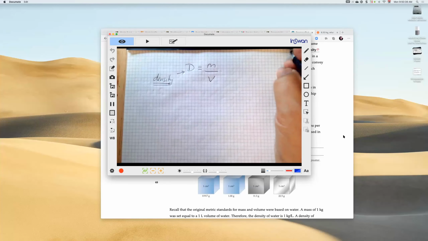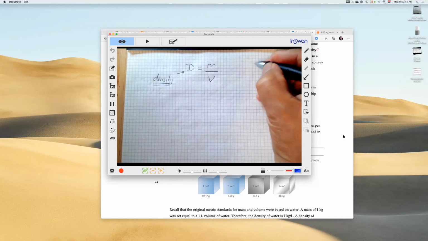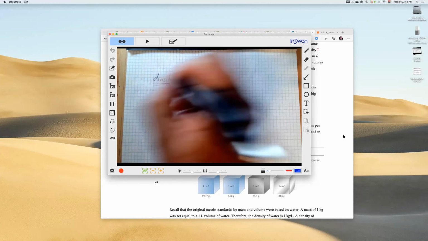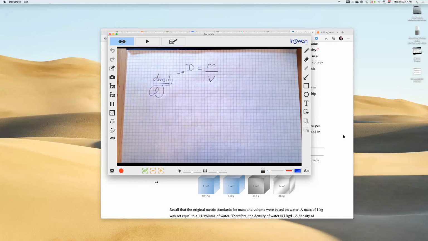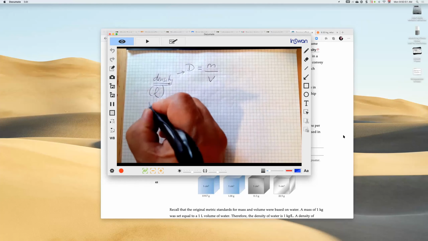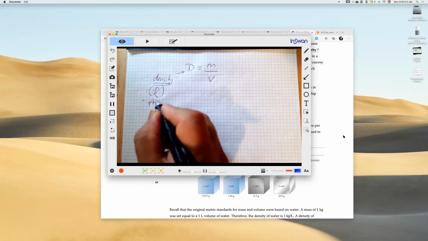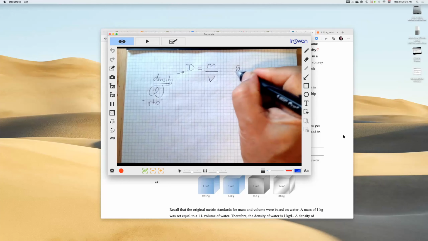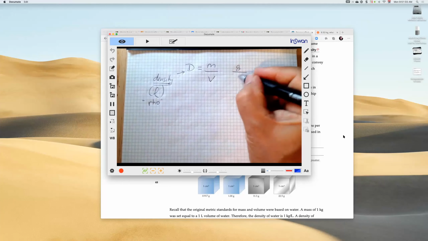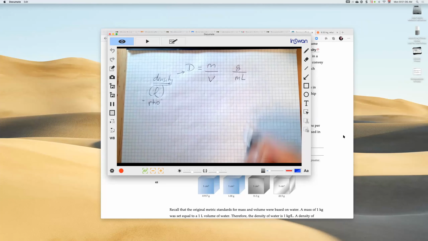Now, in the old chemistry books, density used to be called rho, which is actually like a big L from the Greek alphabet. We're just going to stay with capital D. The units that we're mostly going to use are grams for mass and milliliters for volume.